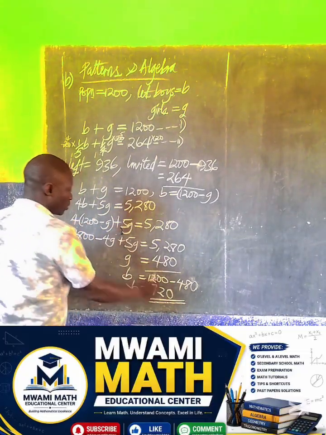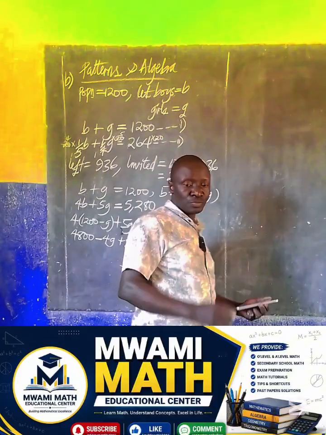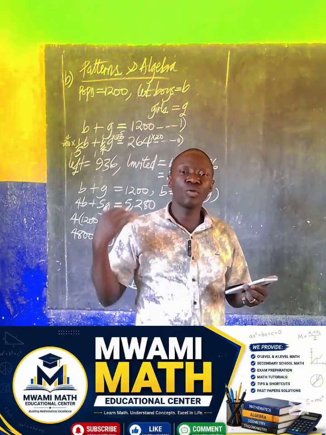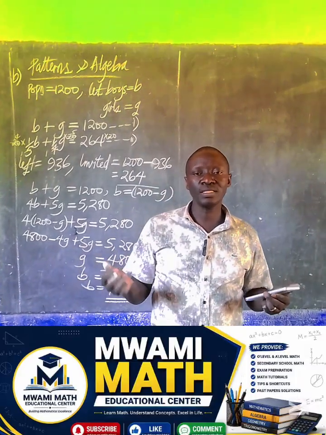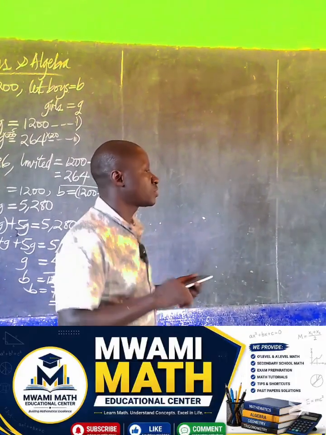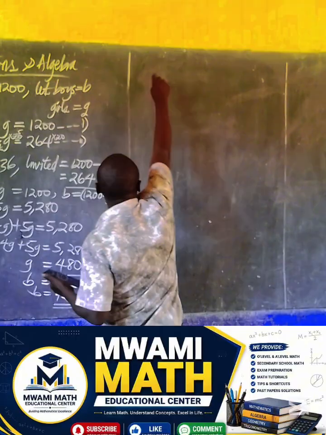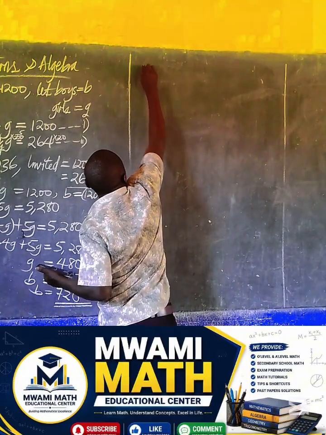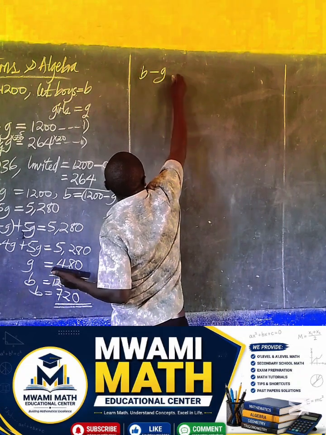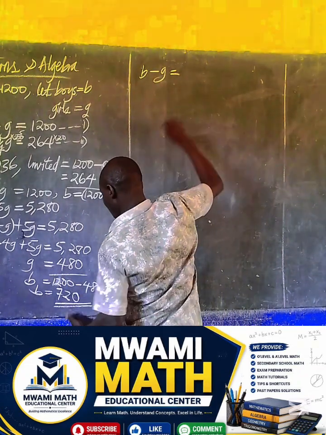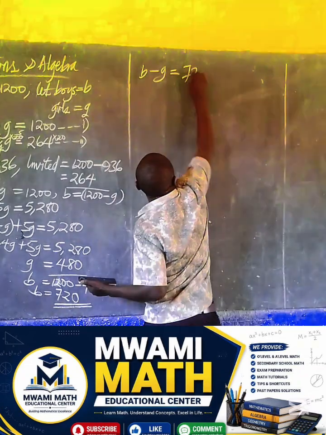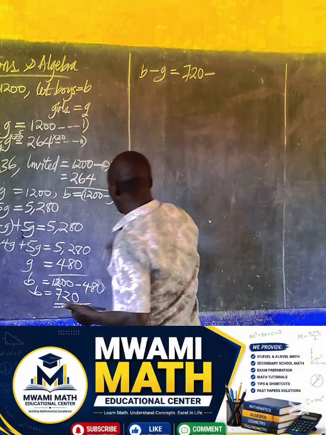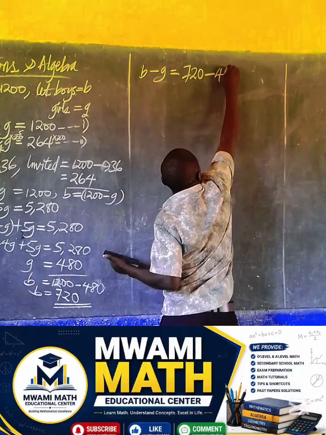So now, remember our task says, find how many more boys attended the meeting than girls. So, to get the difference, we shall get the number of boys minus the number of girls, which will be 720 minus 480.